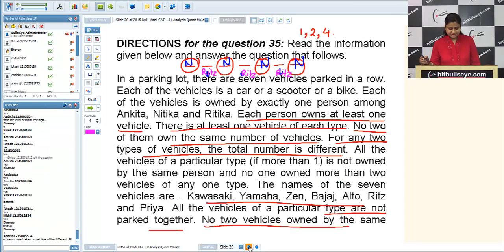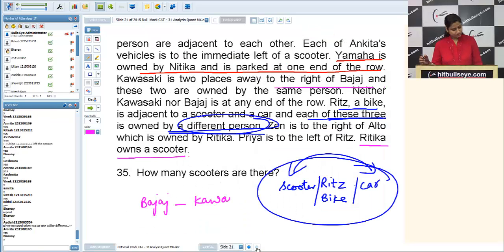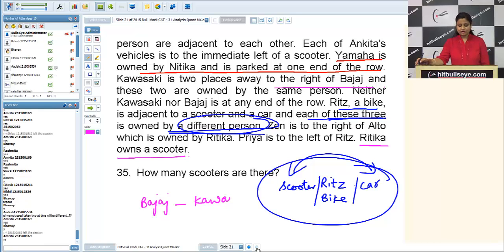So can you say Bajaj and Kawasaki will not belong to Nitika? Is it okay, guys? So Kawasaki and Bajaj belong to the same person and they do not belong to Nitika. So they must belong to Ankita because Ritika is owning a scooter.